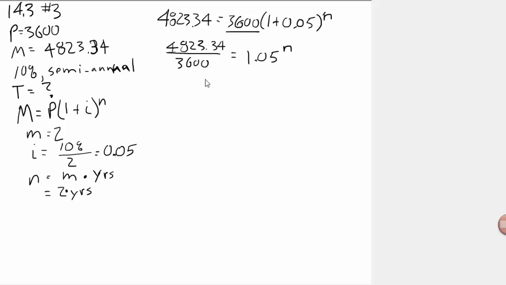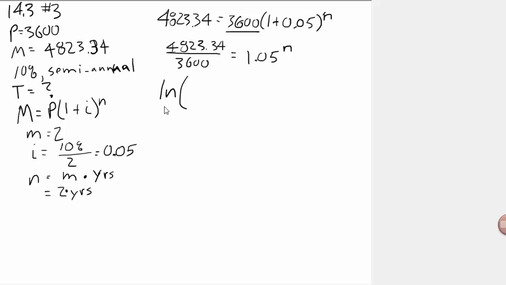Now here's the trick that we do. We either take the log of both sides or the natural log. It doesn't matter which we use, but if we use logarithm on one side, we've got to use logarithm on the other side. If we use natural logarithm on one side, we need to use natural logarithm on the other. Our BA II Plus only has a natural log button, so I'm just going to use natural log. I told you in class that this natural log is a transformation.